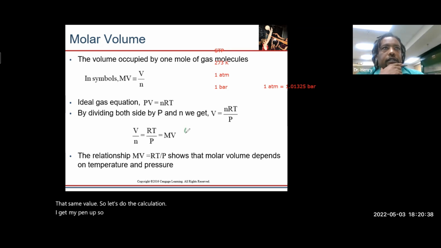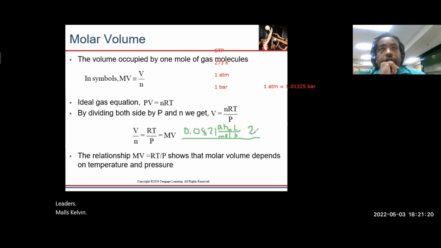So we have 0.0821 atm liters per mole Kelvin, times temperature, 273, divided by the pressure.